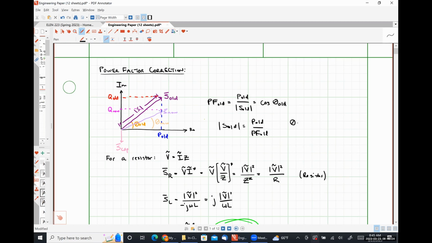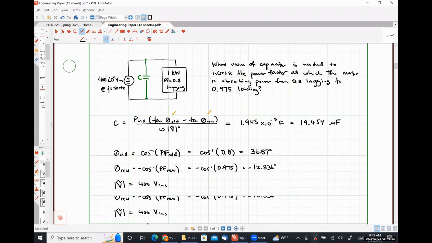And the angle theta is just the inverse cosine of our power factor. That gives me both parts of my complex power, both the magnitude and the angle, right?